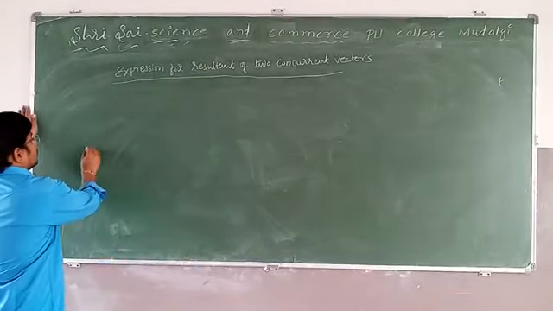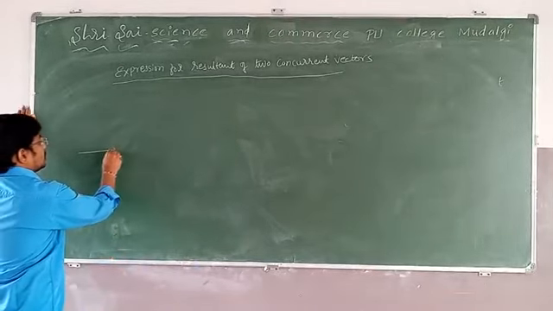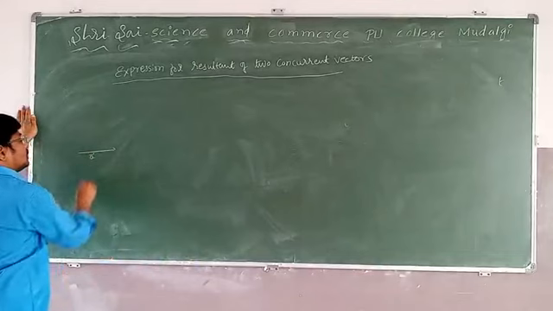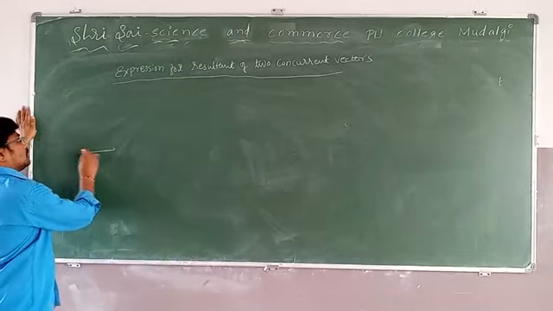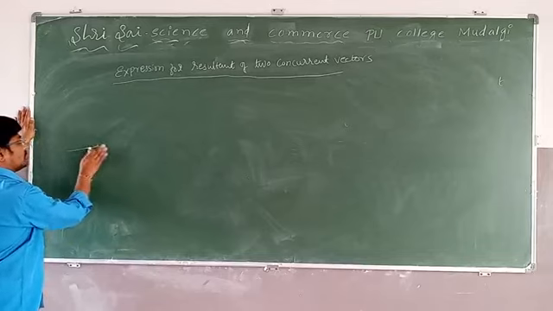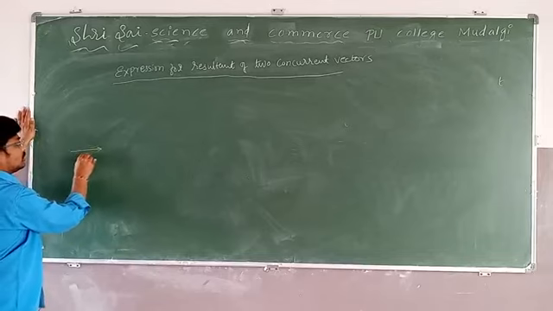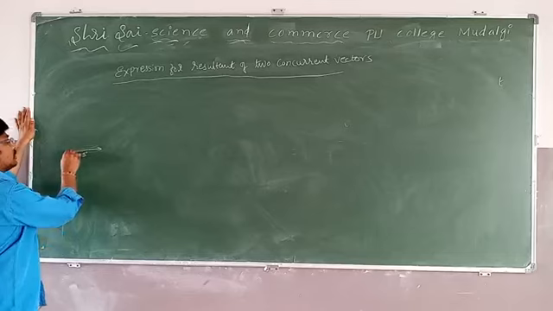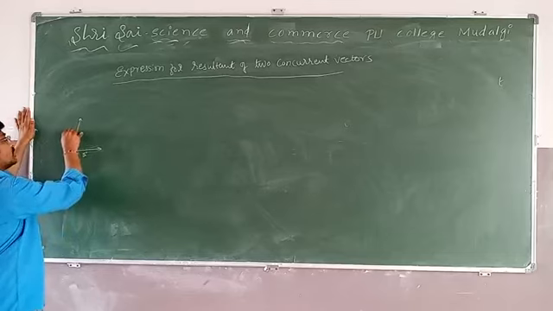See, consider one vector, A vector is represented by the here. A vector is here, B vector is in this way.